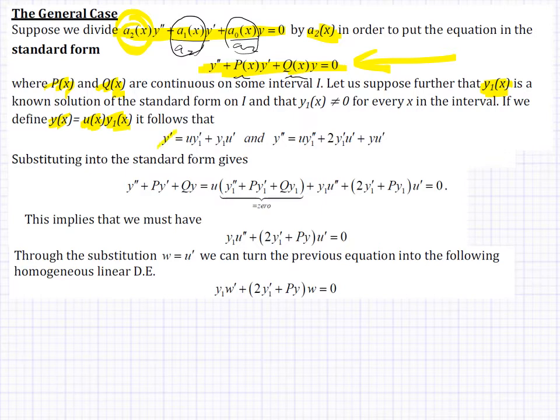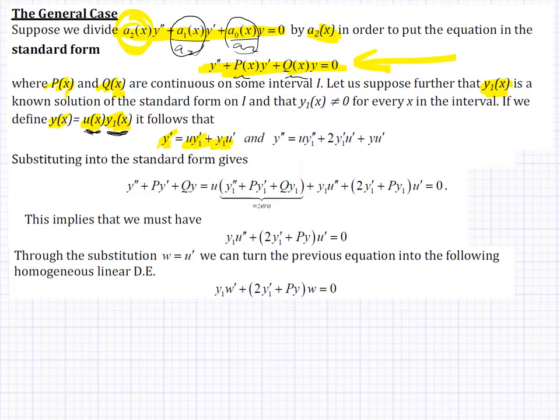So y prime should be u y1 prime plus y1 u prime. All I did was use the product rule here. I'm taking the of x's off of everything because it's just easier to write. But product rule, right? Take the derivative of u times y1, plus y1's derivative times u.